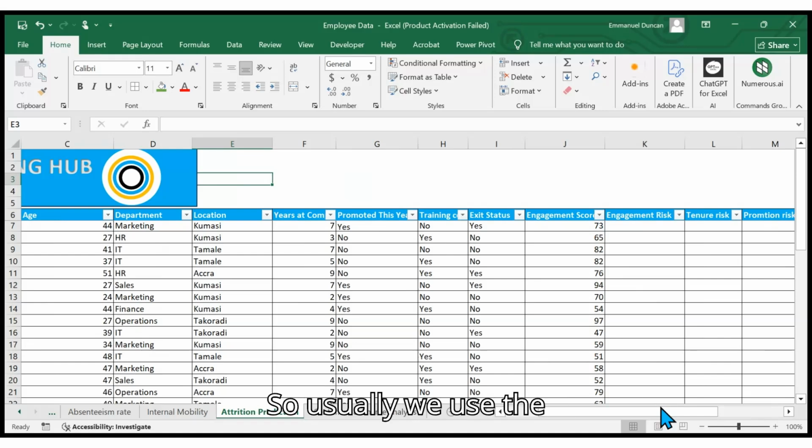So usually we use the exit status to predict those who are likely to leave. What is the pattern and trend of past data of these people who left?